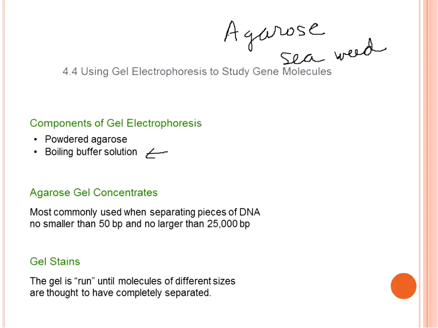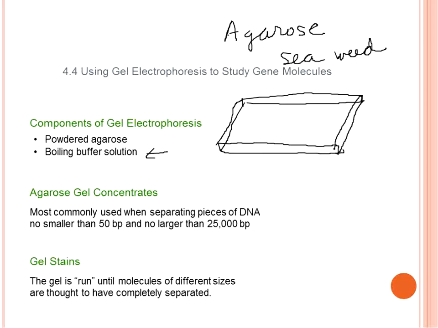Then you take the agarose solution and you pour that solution into a little container, so it can form a slab. It literally forms a slab of agarose, and when you cool it down, it's going to form a gel, a slab of gel, right?